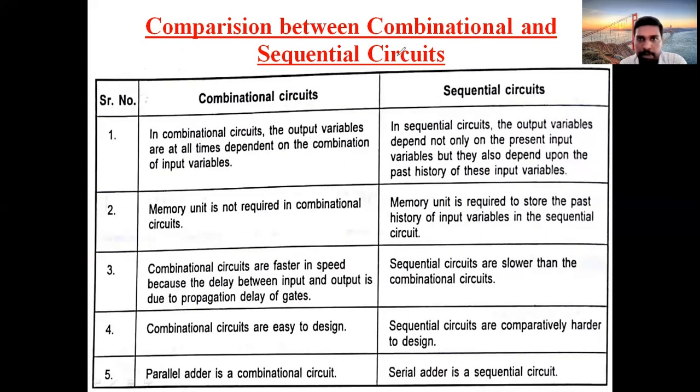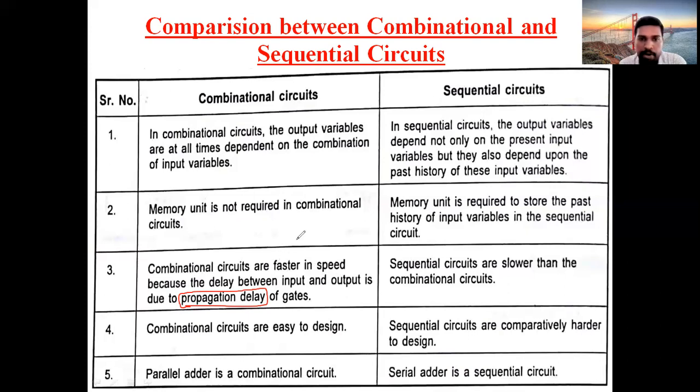So the time taken for getting the outputs is just the propagation delay of gates. Whatever gates we use in designing combinational circuits, each gate will have some propagation delay. What is this propagation delay? It is the time taken by the input variables to propagate through a particular gate and generate the respective output.